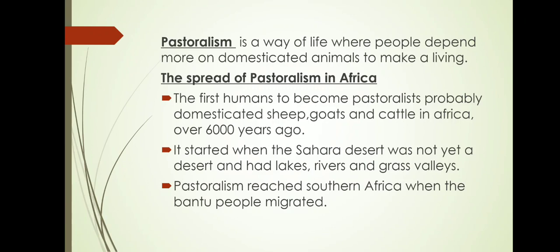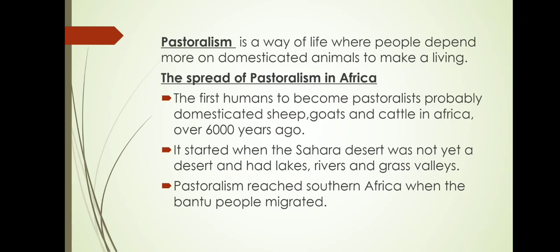It started when the Sahara Desert was not yet a desert and had lakes, rivers, and grass valleys. At one time, it's the same thing that happened to the Namib Desert and many other deserts in the world. They were not always a desert from the beginning.